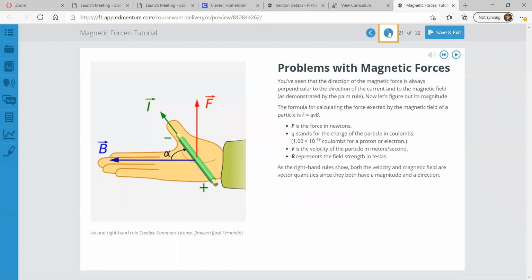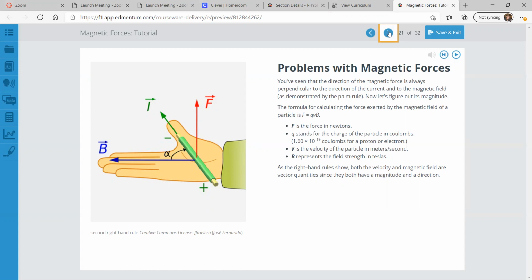F is the force in newtons. Q stands for the charge of the particle in coulombs, which is 1.6 times 10 to the negative 19th power coulombs for a proton or electron. V is the velocity of the particle in meters per second.